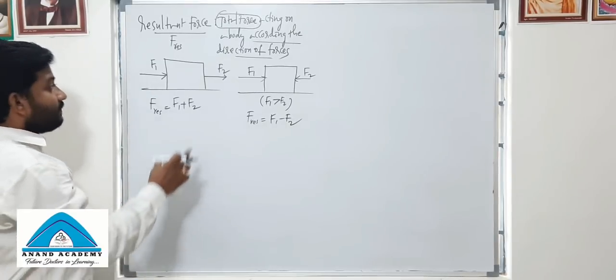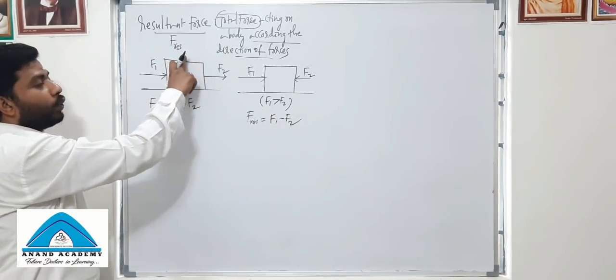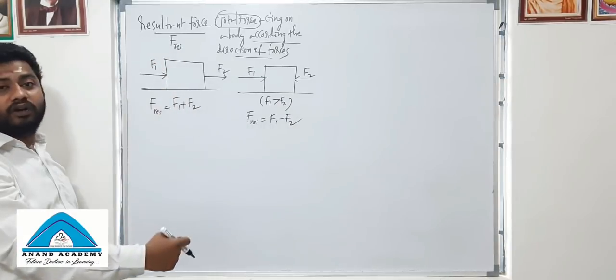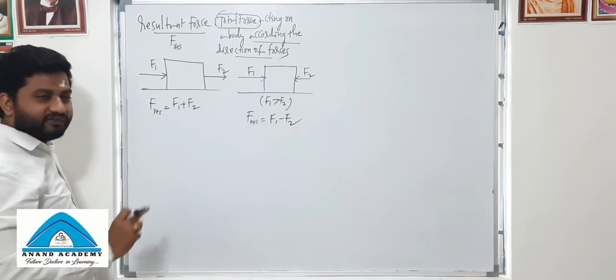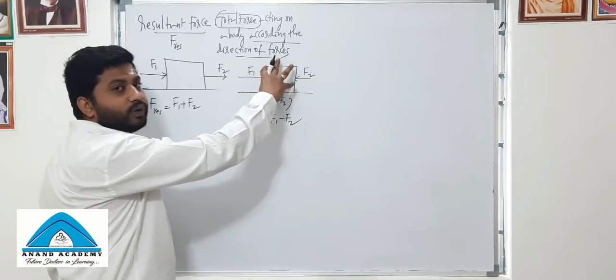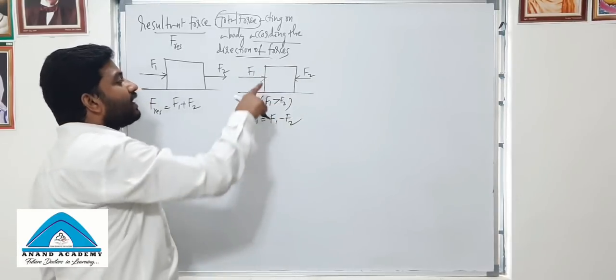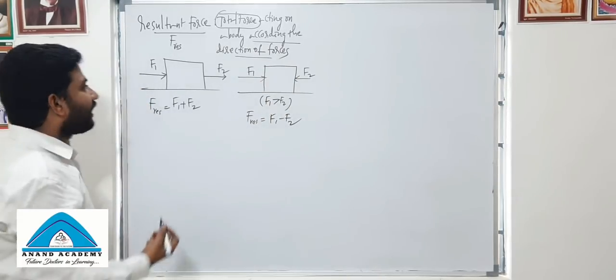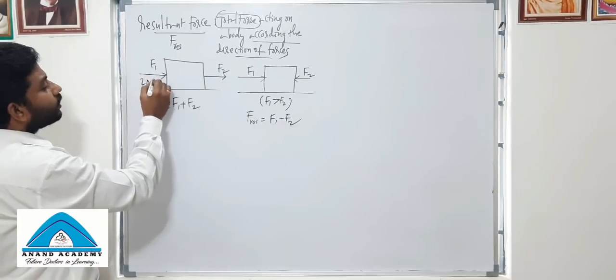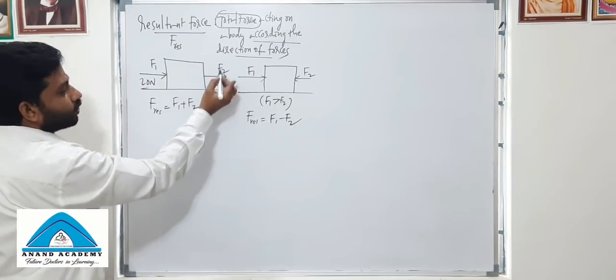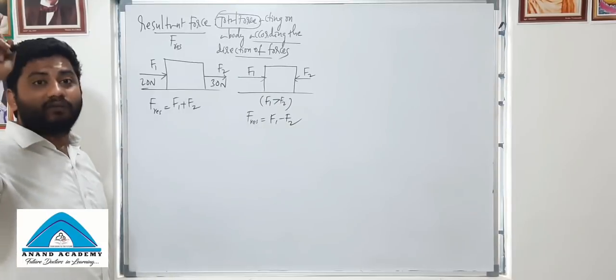Okay. Now, this body will be moving with what amount of force? Total force, F1 plus F2. So this body will be moving with what amount of net force? F1 minus F2. So for example, this is 20 newtons and this is 30 newtons. Newton is the SI unit of force.